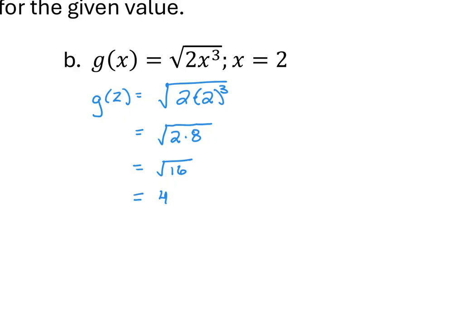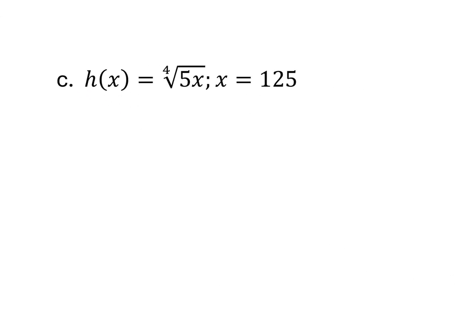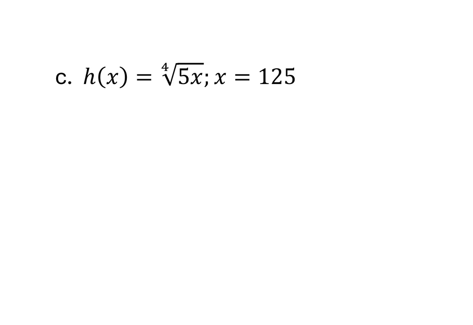All right, last one. We have h of x equals the fourth root of 5 times x. And for this one, what we can do is plug in our 125.